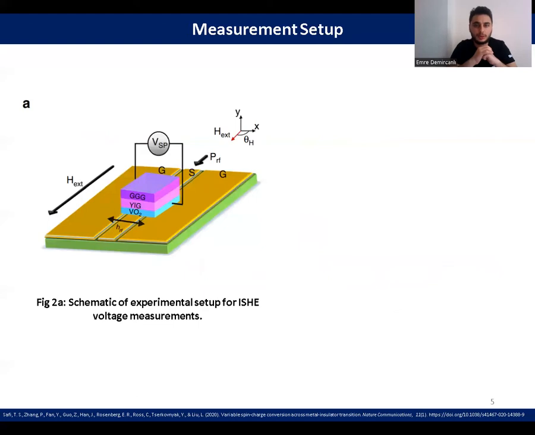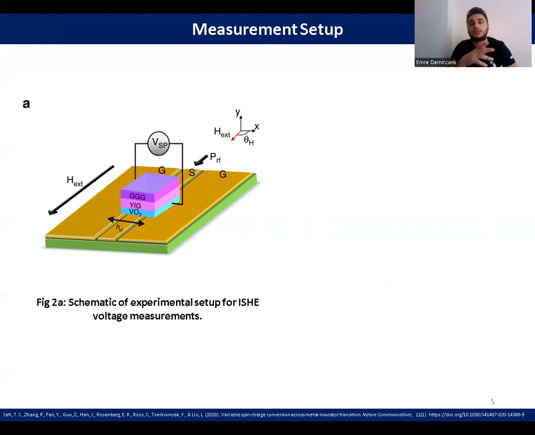Right then, this leads directly to my next point, which is the measurement setup. The schematic of the setup used for the spin pumping measurement is illustrated in figure 2a. As can be seen in the figure, the samples are placed in a coplanar waveguide, which is CPW, with the vanadium dioxide YIG bilayer film facing down.